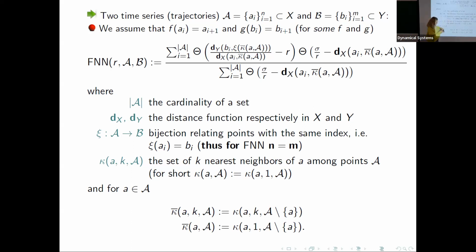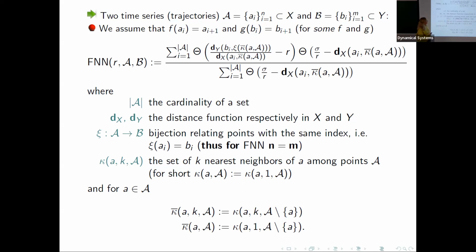So my point A_i in the numerator corresponds to point B_i in the numerator, and I also need to find the corresponding point on this other trajectory.